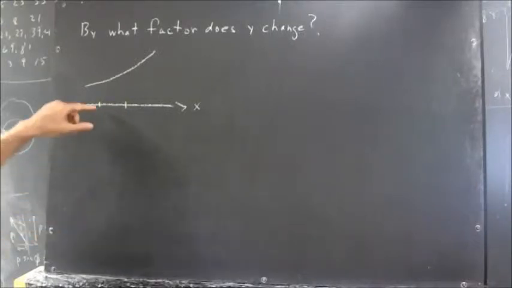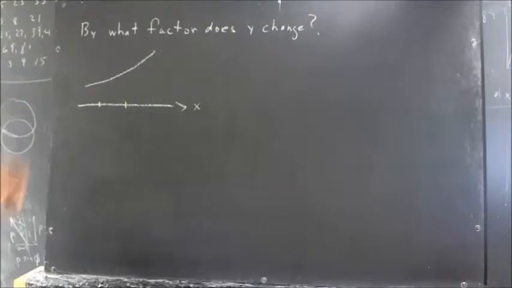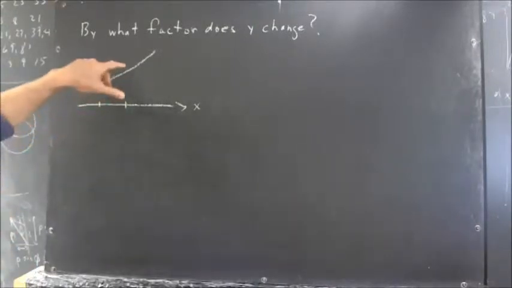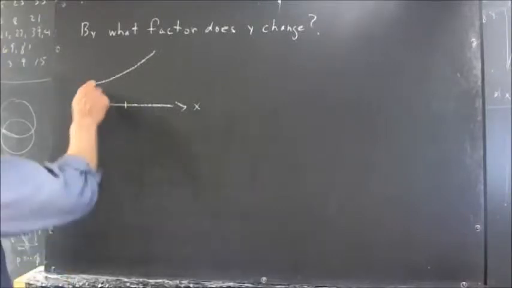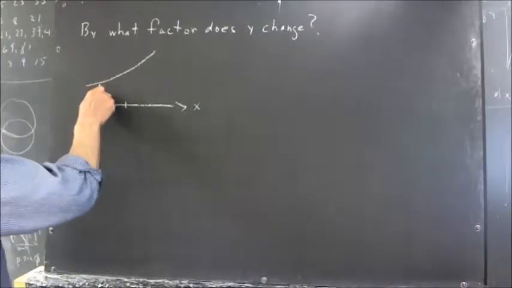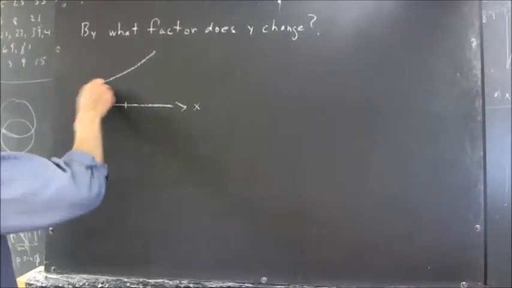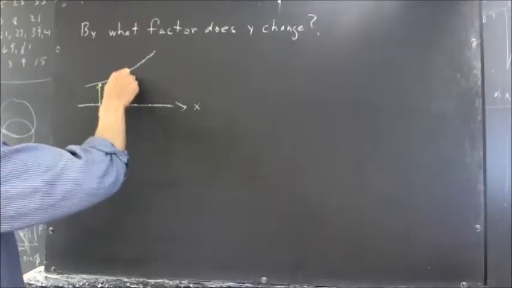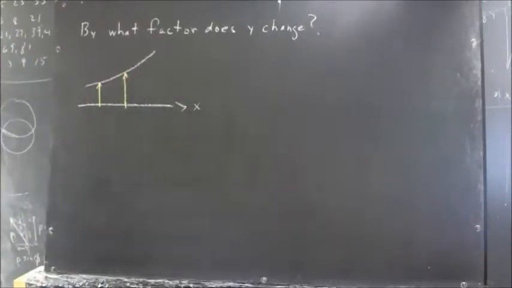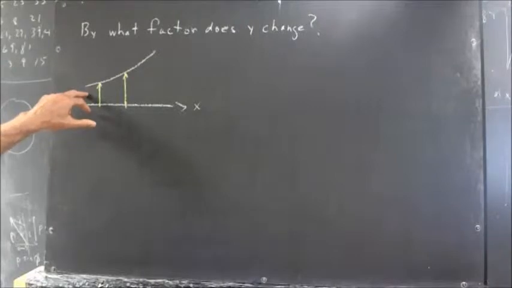What we're used to doing is projecting up to the graph and over to the y-axis, but we don't have a y-axis, so we don't know where to project. So what else could we do? Well, a little more direct way to do this would be to draw an arrow that represents the y value. So here's your first y value, and here's your second y value.